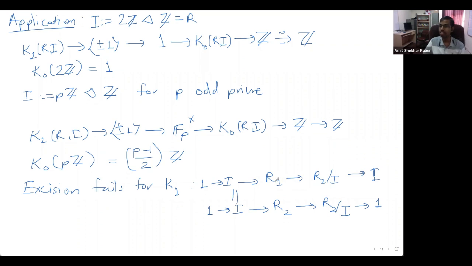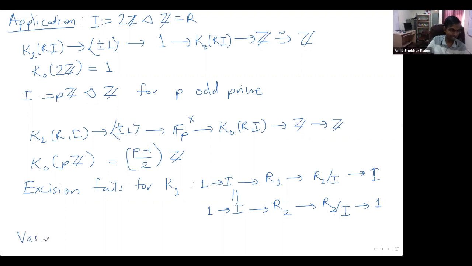So there exist examples of two different rings and the corresponding quotients by the same isomorphic ideal. The K1 of R1, I and K1 of R2, I, they are non-isomorphic. So therefore excision fails.